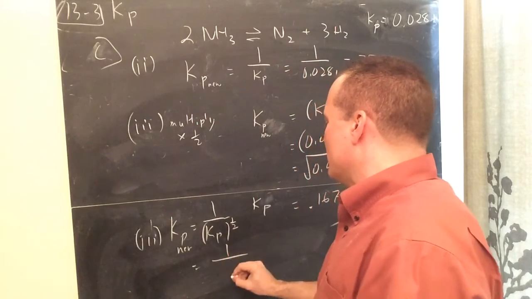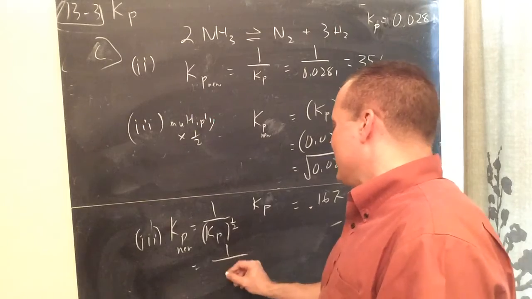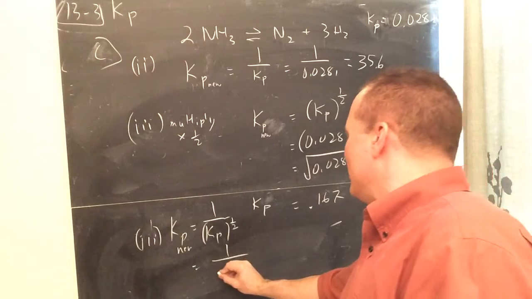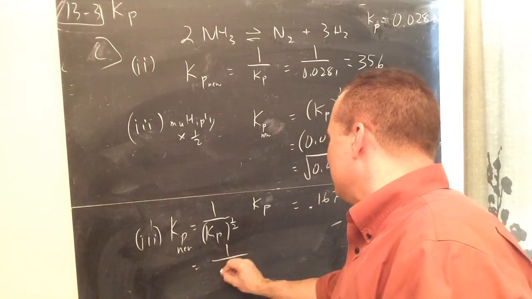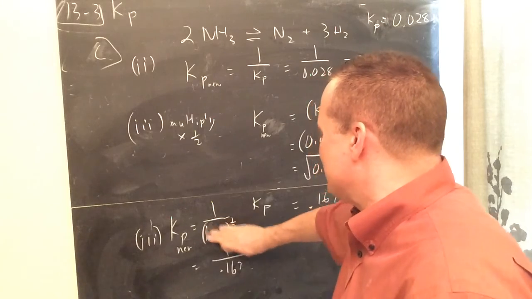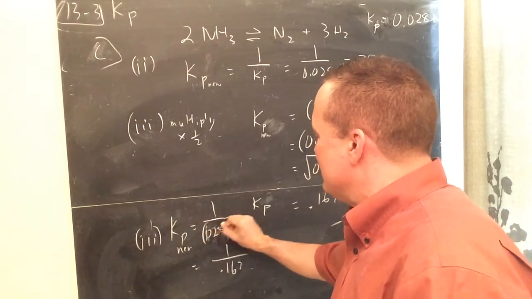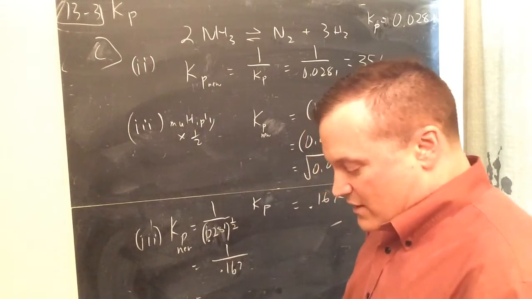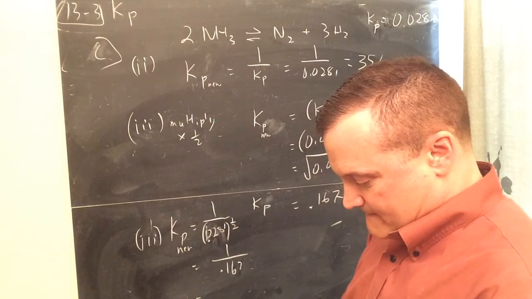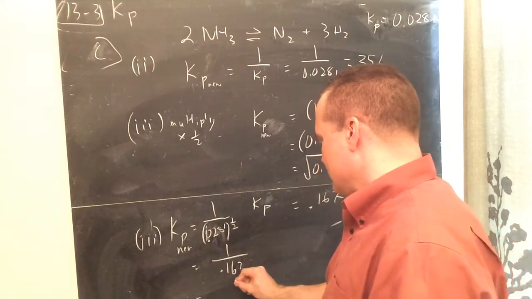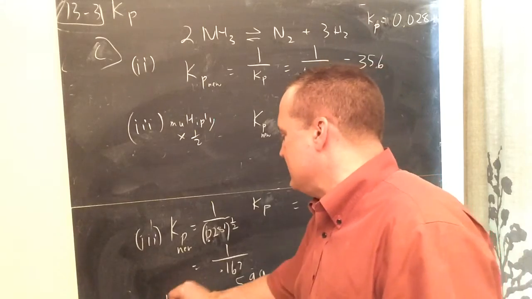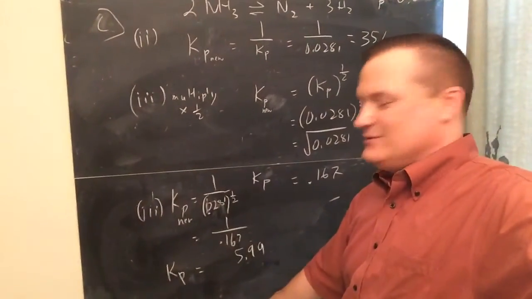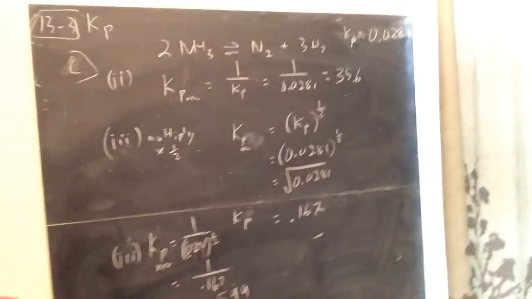I could just use my number there if I wanted to. 0.0281 to the 1/2 power is 0.167. 1 over 0.167 is 5.99. That is Kp new for that one. Okay. You can't see the Kp, but there it is. Kp new. Yay.